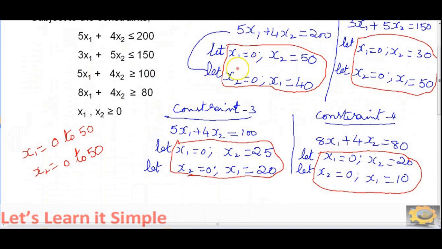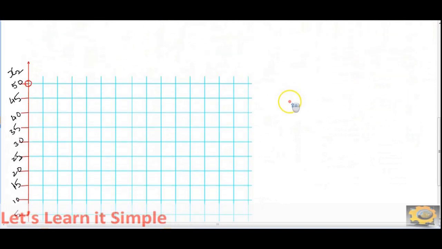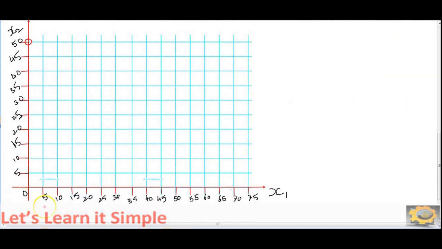The second point from the first constraint is x2 0, then x1 equal to 40. So, x1 is 40 and x2 is 0. This is from the first constraint. Now, at the end of the first constraint, we have plotted 2 points.